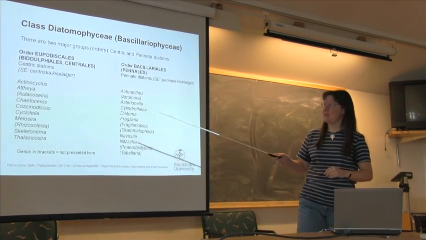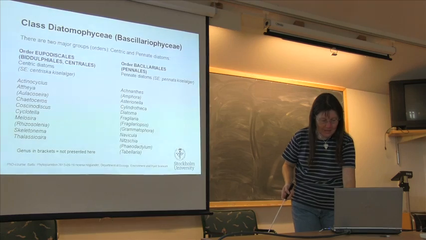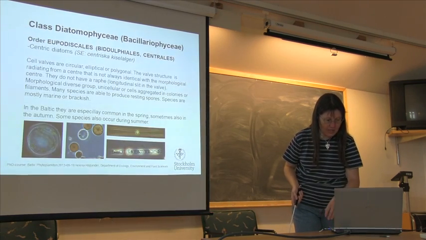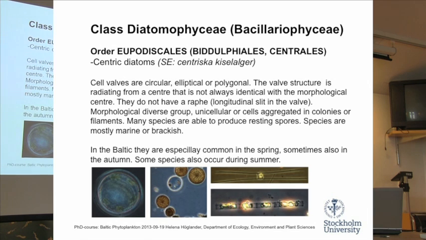As I said, we have the larger groups of the centric and the pinnate diatoms, and I will show you some examples of the different groups. In the centric species, the cells can be circular, elliptical, or polygonal, and the valve structure usually radiates from the center.